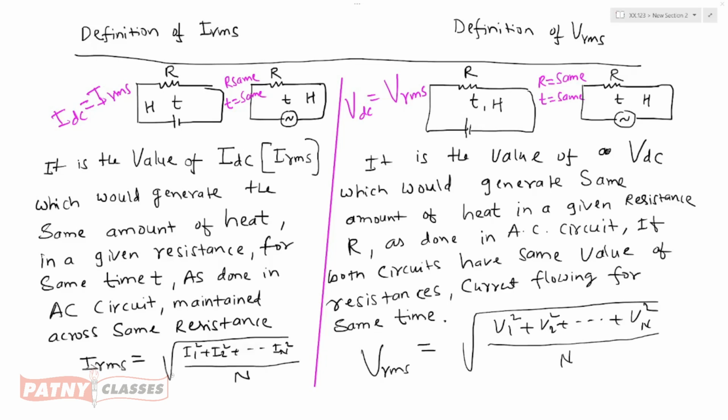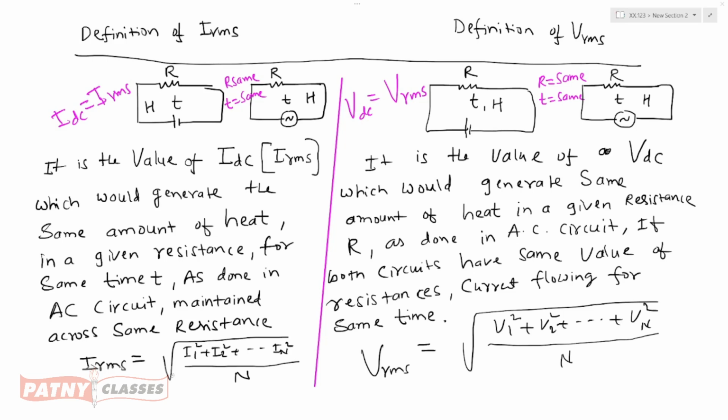After all this discussion, now let us define the IRMS and the VRMS. First of all, define IRMS. It is a value of IDC, that is the DC current, which would generate the same amount of heat. I already told you that when the current is flowing through the resistor, heat is produced.